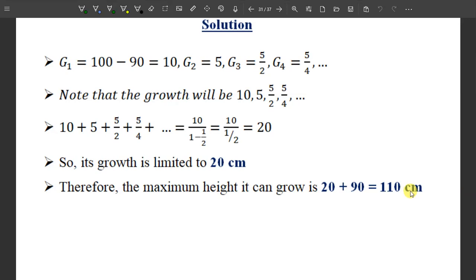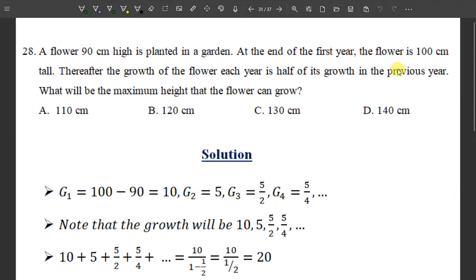It will never grow more than this amount. The growth will stop at 110 centimeter if the growth continues as such.